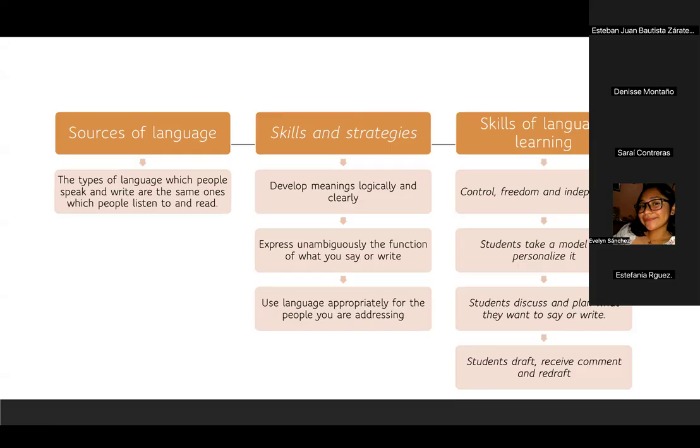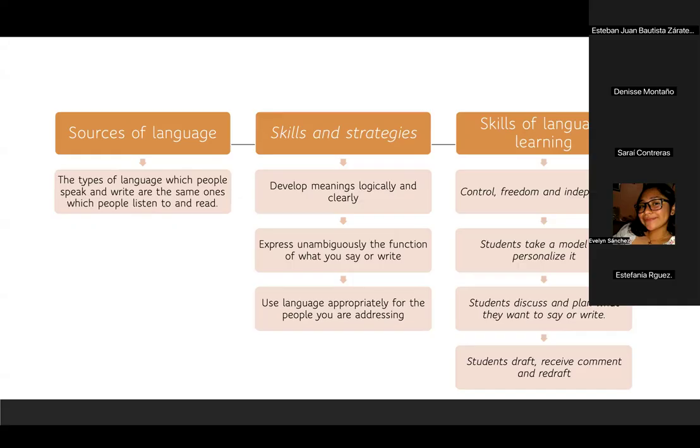Skills of language learning is basically a mix of how students are able to use, if we can consider it like a tool, the strategies for learning the language they are also producing.